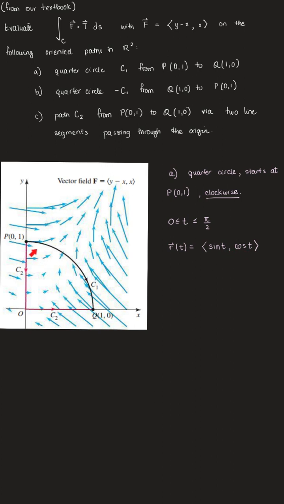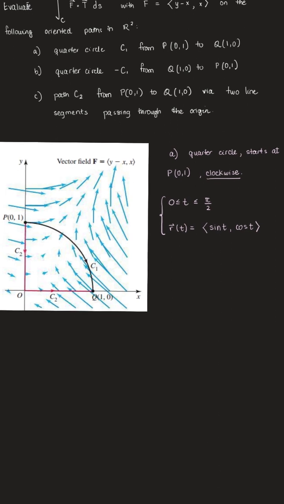So switching these gets me to start here when t is 0. Well, all right, let's check that we will end here when t is pi over 2. Because we've switched them, sine of pi over 2 is 1, so sure enough that gives me the 1 in the x component, and cosine of pi over 2 is 0, and that gives me the 0 in the y component. So we have our parametrization of our curve.